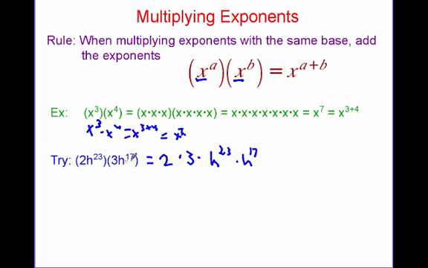I just reordered my numbers here. 2 times 3, you should know, is just 6. Then h to the 23rd times h to the 17th is h to the 23 plus 17, using our rule up here, which just gives me 6h to the 40th power.